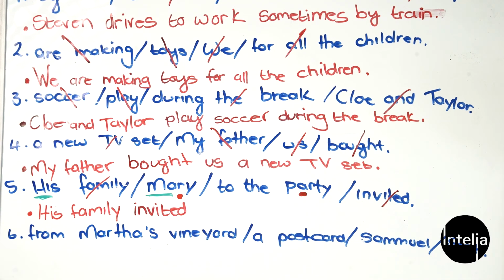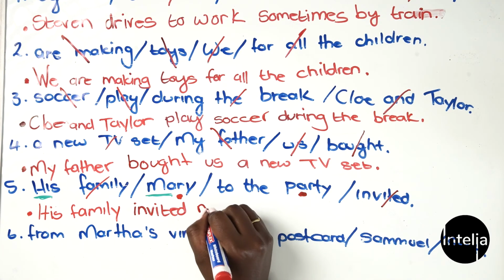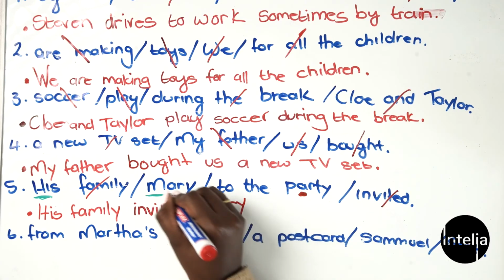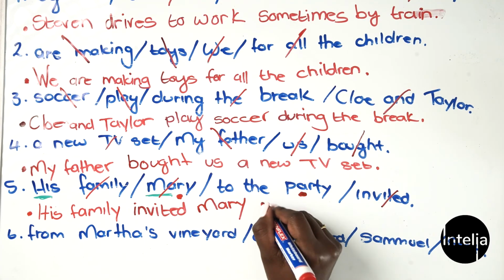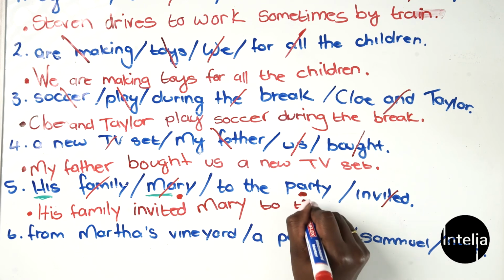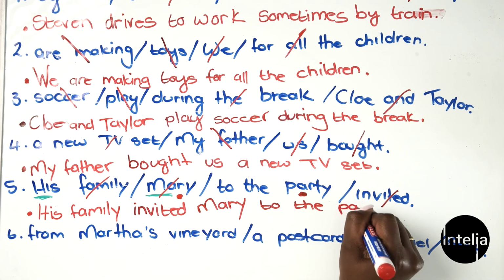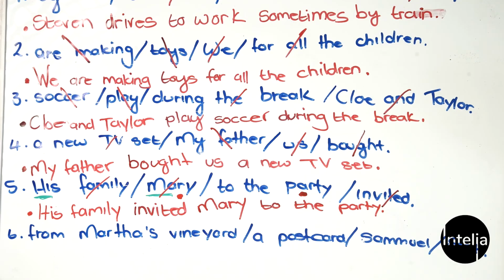What is our object? Is our object Mary or is it to the party? That's right. Our object is Mary. And where is she going? To the party. Great job, guys.